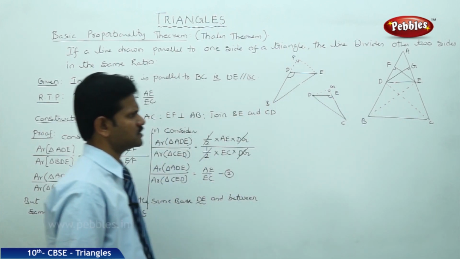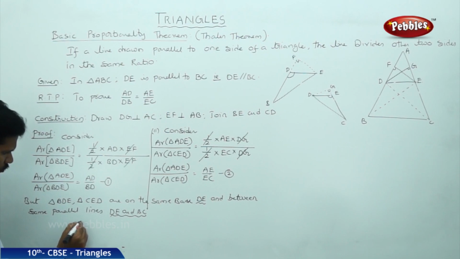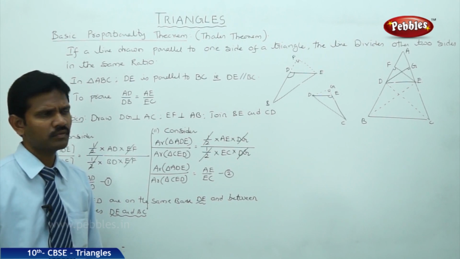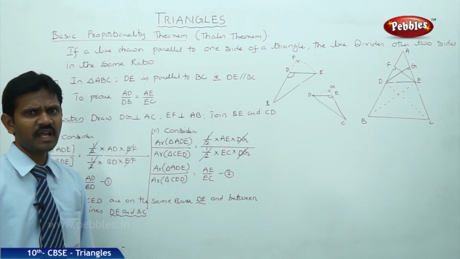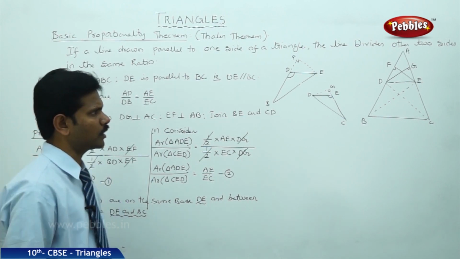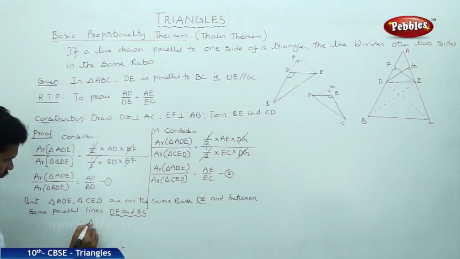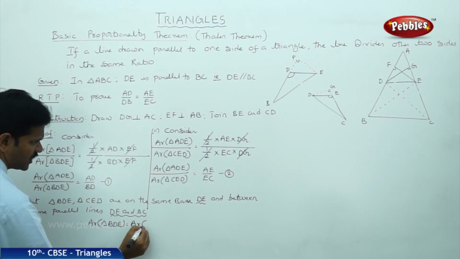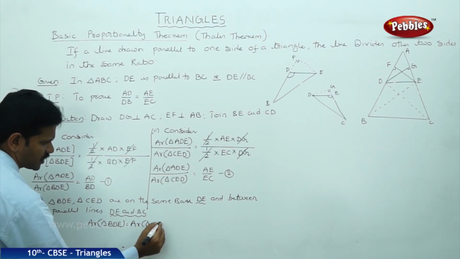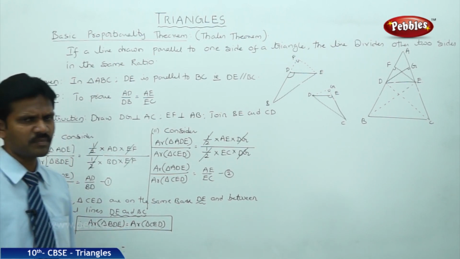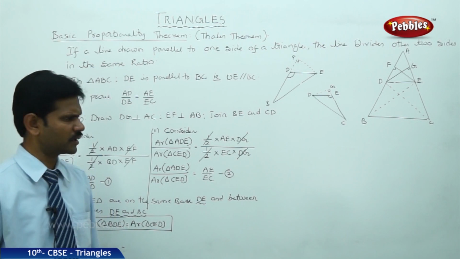Therefore, from class 9th we know a well-known theorem: if two triangles are on the same base and between the same parallel lines, their areas are equal. Therefore, we conclude that area of triangle BDE is equal to area of triangle CED. Both are equal, since these two triangles lie on the same base DE and between the same parallel lines.